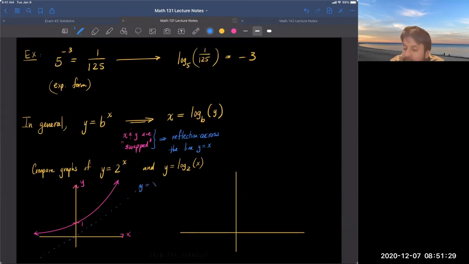If I reflect the exponential function across that line, I get the logarithmic function. So think about reflections. If you cross the y-axis at 1 for exponential functions, you're going to cross the x-axis at 1 for logarithmic functions.